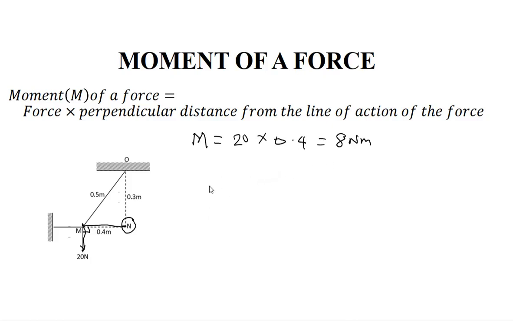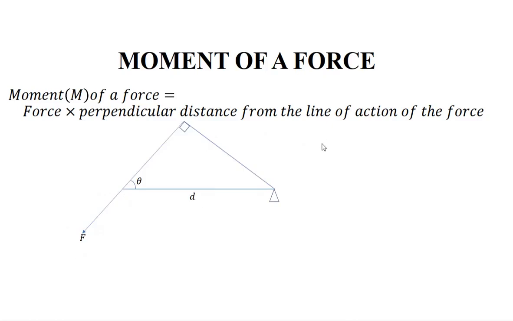Now, let's look at more examples. How do we define moment in this system? Let's assume that this is our knife edge where the rotation or the turning effect is. The first thing we know, this is the force producing moment.